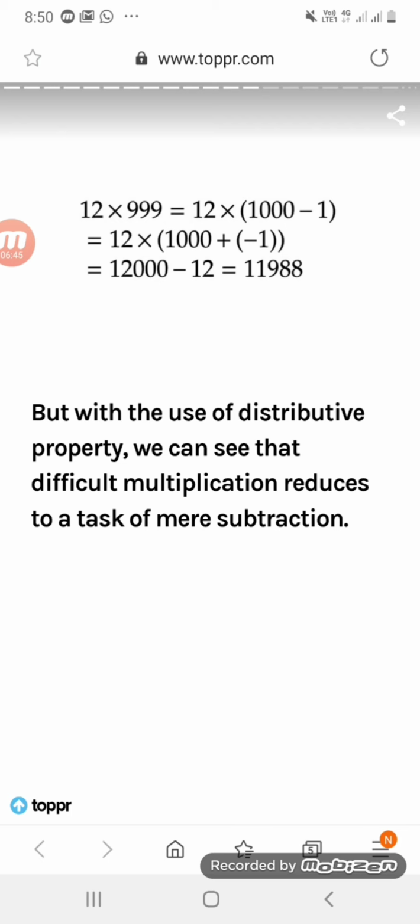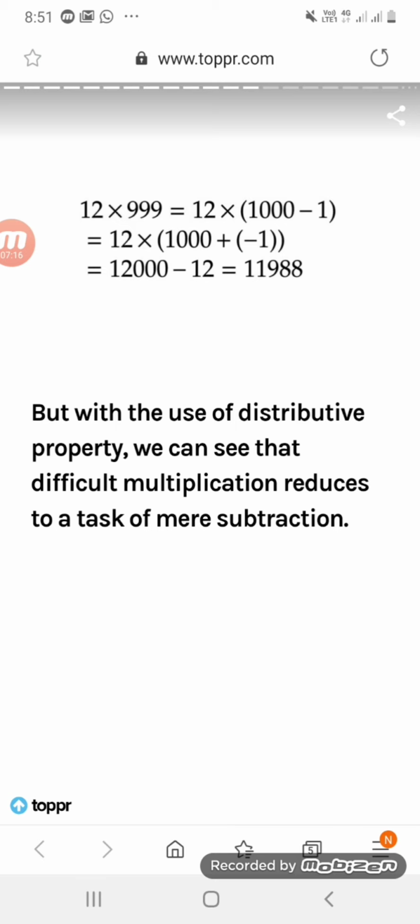So we can split this 999 as 1000 minus 1, so 12 into (1000 minus 1). So 12 into 1000 will be 12,000 minus 12. So we get 11,988.